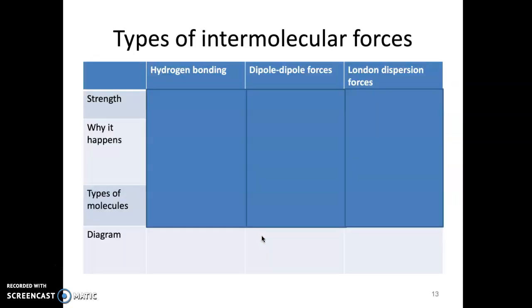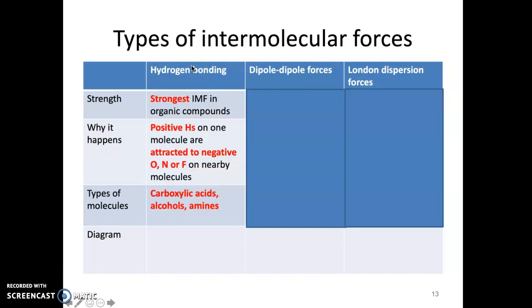Okay. So the last thing we're going to go through here, there are 3 categories of intermolecular forces. And the first 2 really relate to that dipole stuff that we were just talking about. And then the last one is related more to the size of a molecule. Okay, so we'll start with this idea of hydrogen bonding. So hydrogen bonding is the strongest type of intermolecular force that we find in organic compounds.